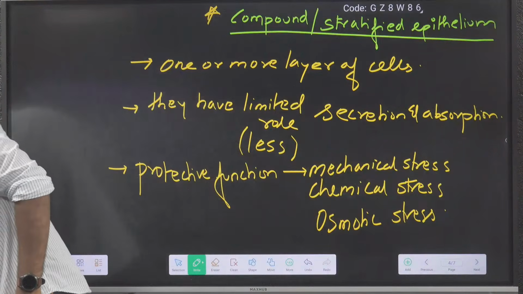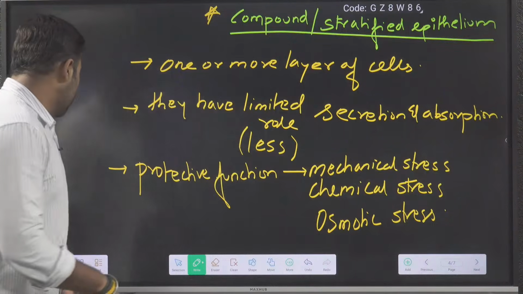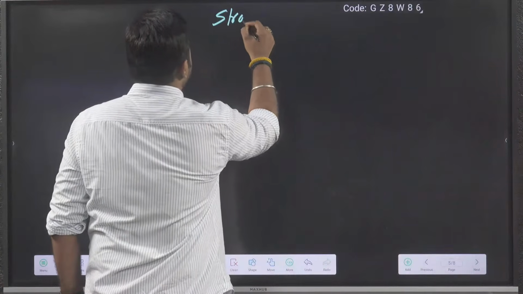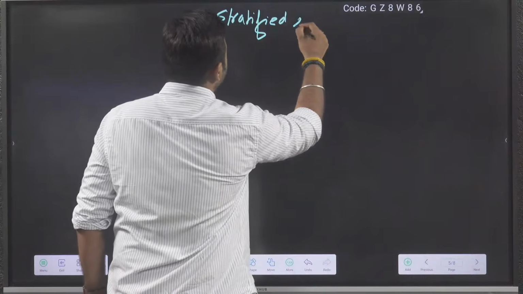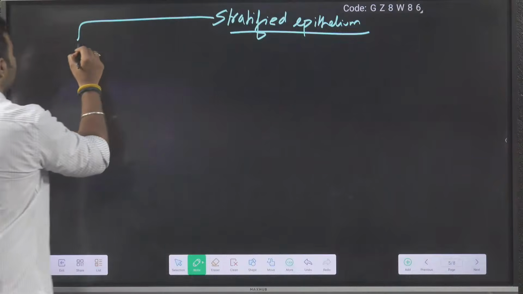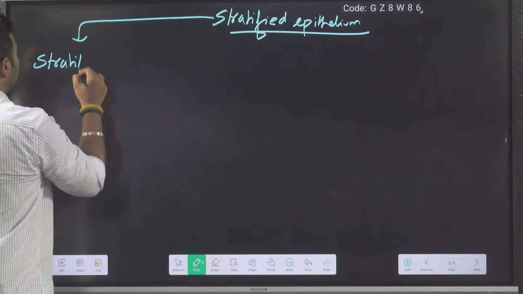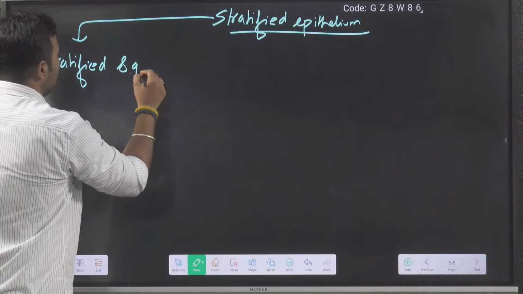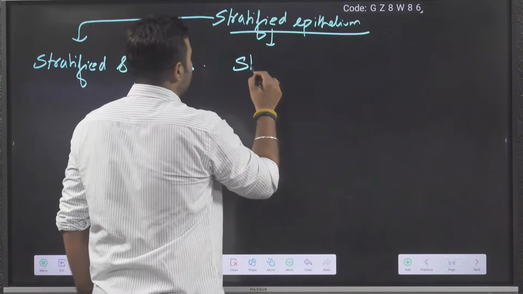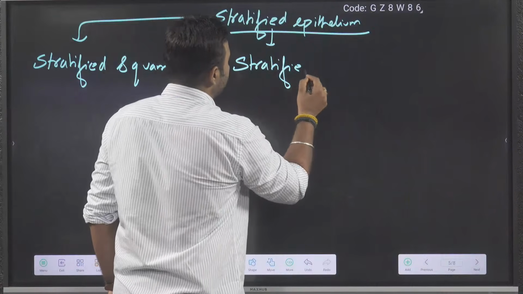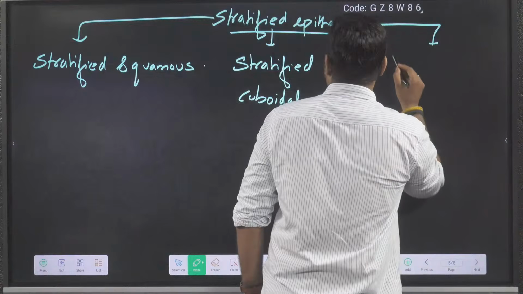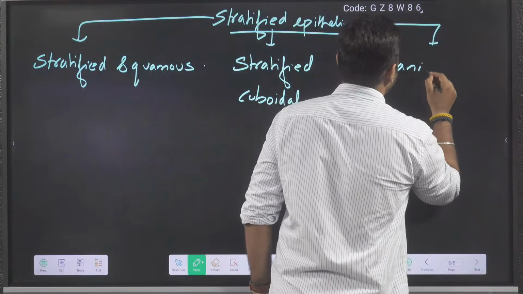Being said that, which compound stratified epithelia do we want to study? So I am dividing stratified epithelium into three parts. First I will write stratified squamous, then stratified cuboidal, and then transitional epithelium.